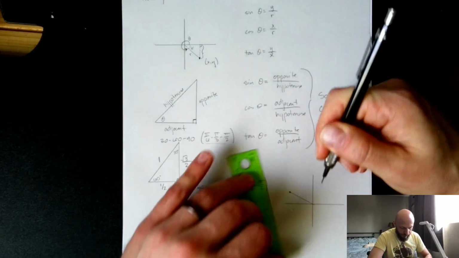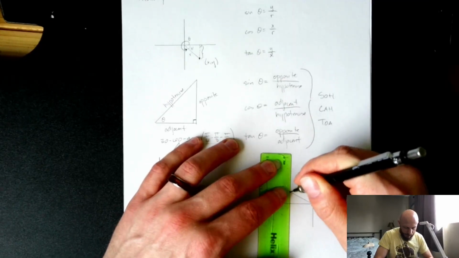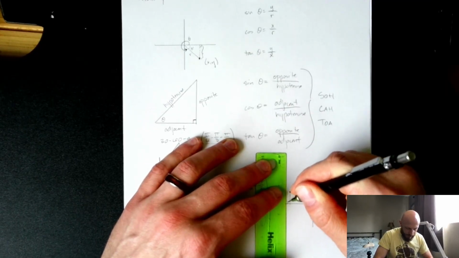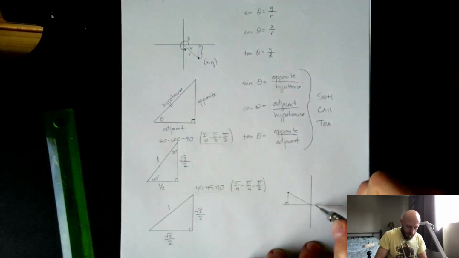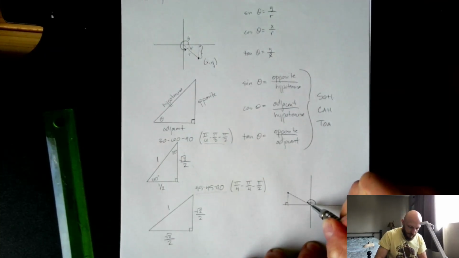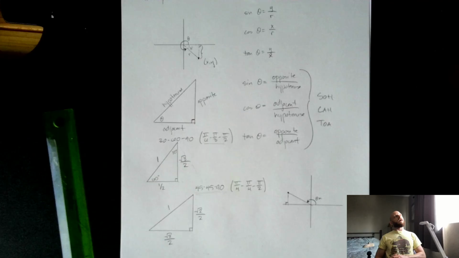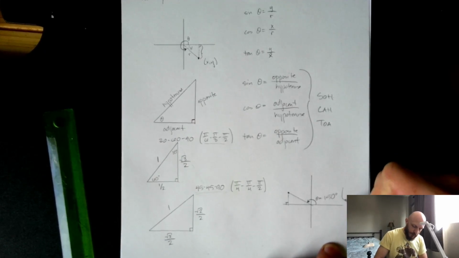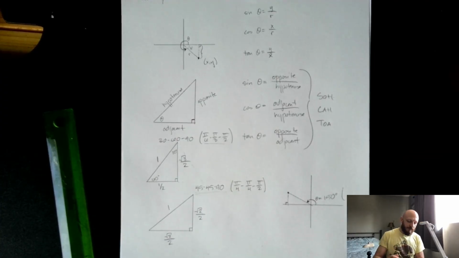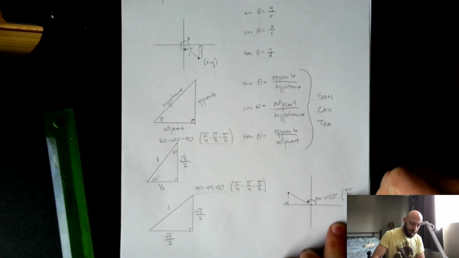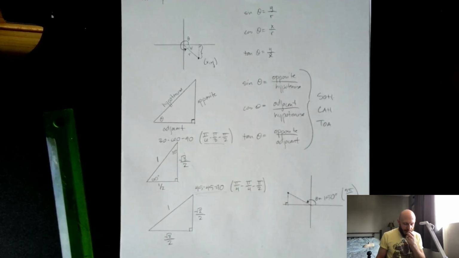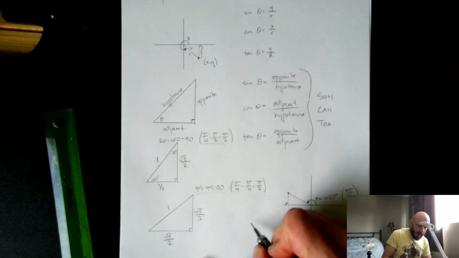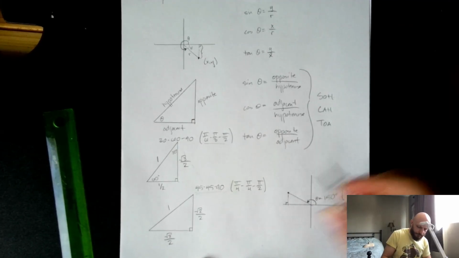So as usual, I'm going to make my little triangle. And suppose that we are given that theta, which rotates this way, is equal to 150 degrees, or that would be 5 pi over 6. And maybe we want to calculate the sine of theta.